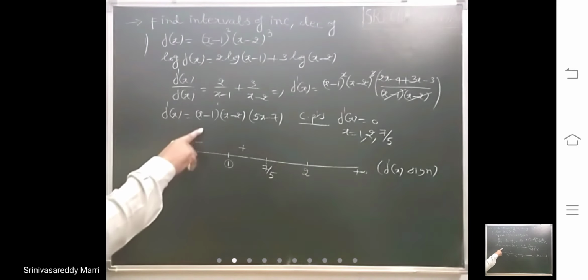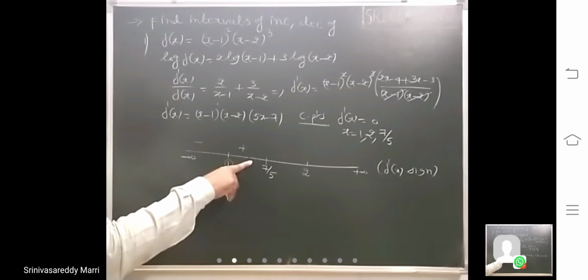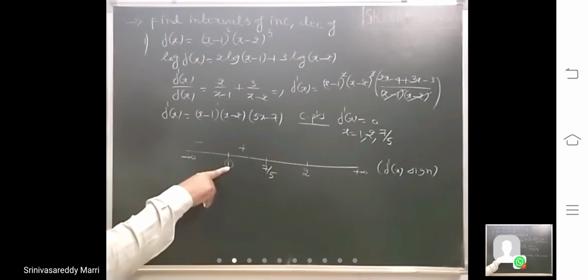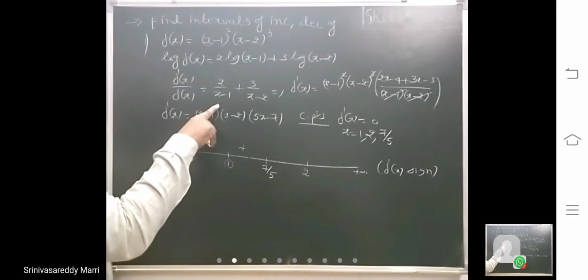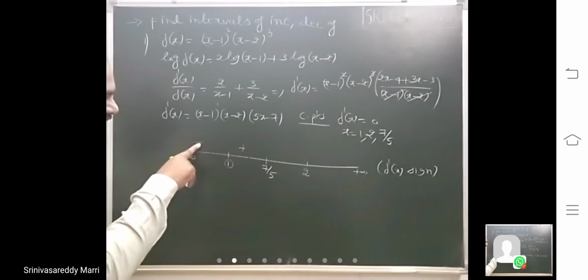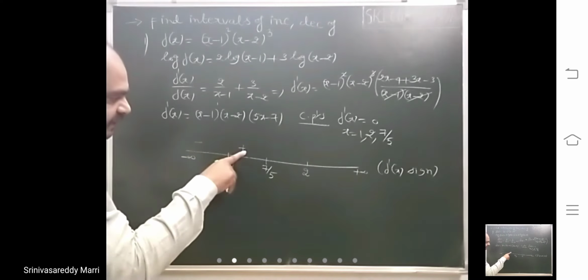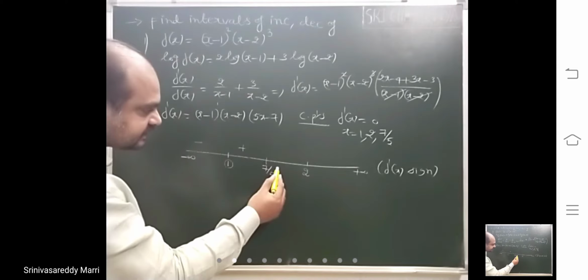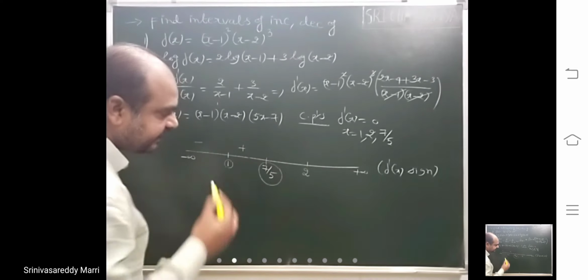Look at the first interval: you substitute and give the sign. In the next interval, take the starting point 1. Where is that factor? If that factor has odd power, then in this interval write the opposite sign of the previous interval. This is minus, so plus. In the next interval, take 7 by 5.